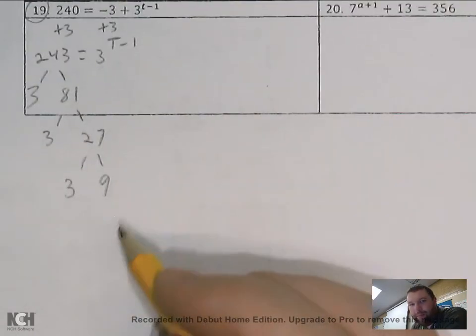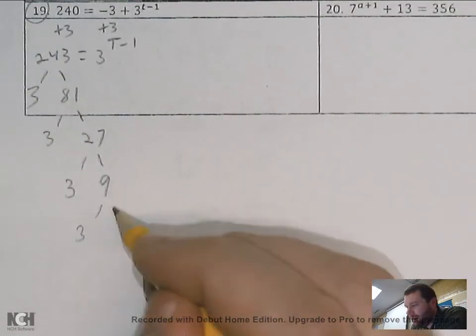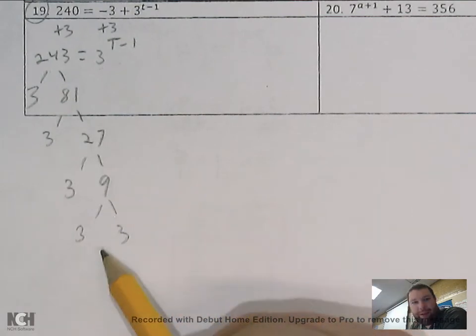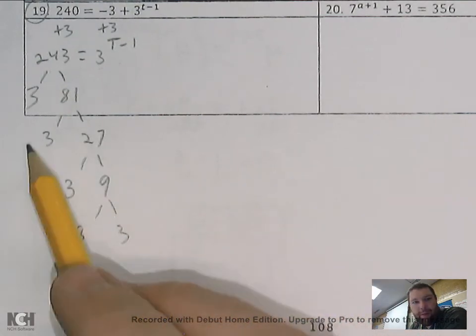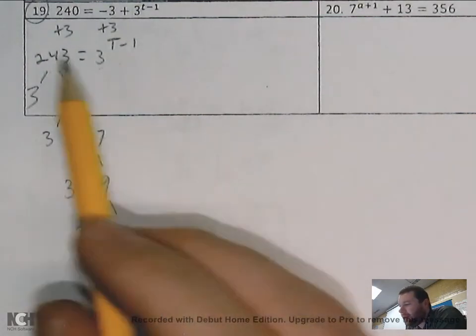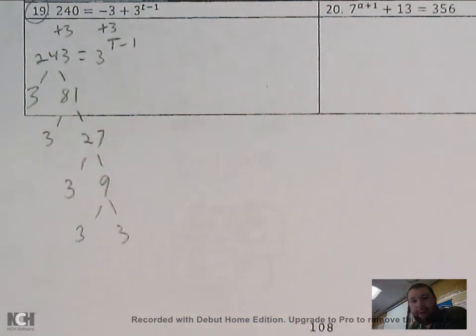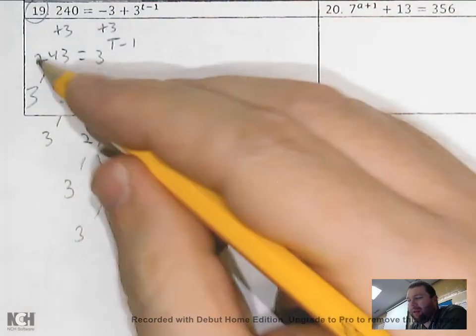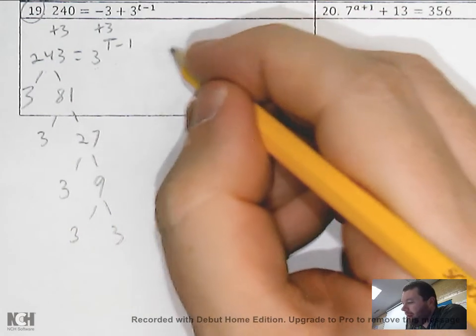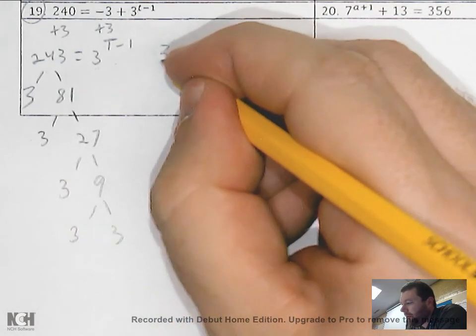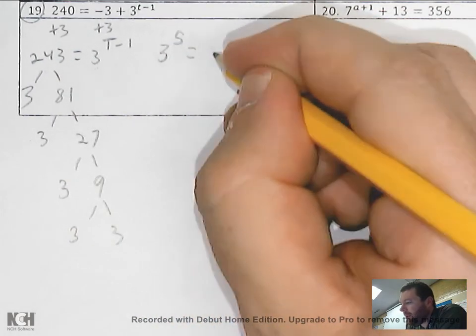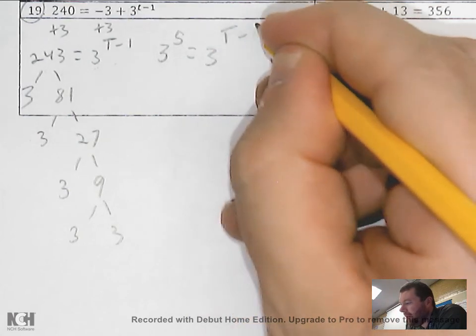Divide that by 3, and you get 3. So let's count them up. 1, 2, 3, 4, 5 3s. So I could rewrite 243 as 3 to the fifth power. So 3 to the fifth power is equal to 3 to the t minus 1 power.